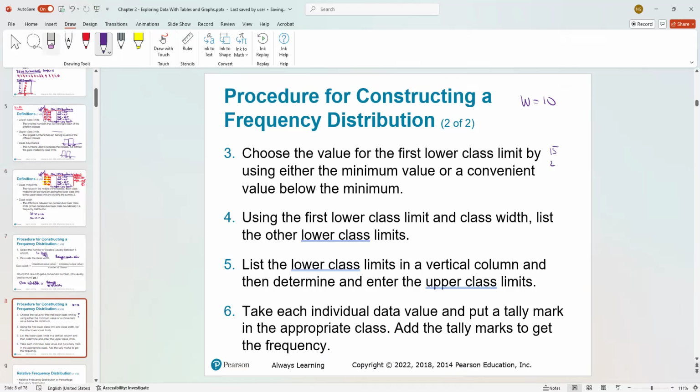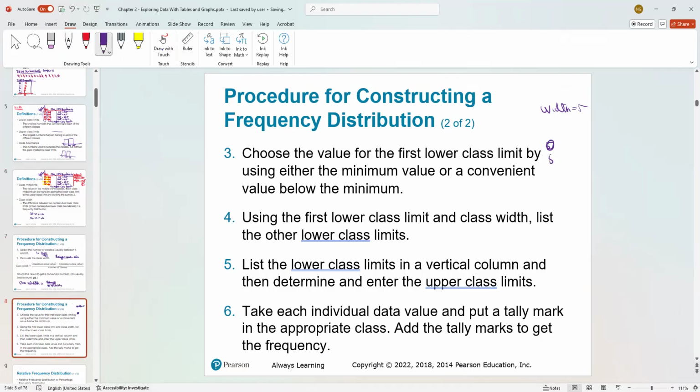I'm going to change it a different way. Let's suppose the lower class limit is 0 with a width of 5.